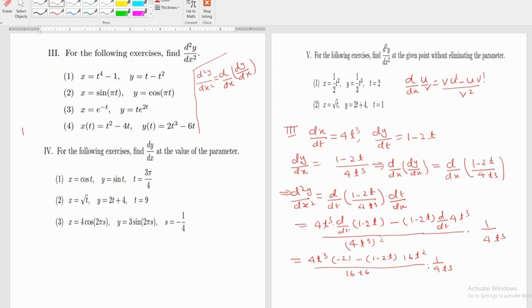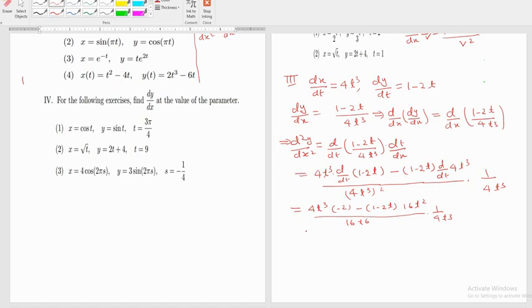Just simplify. That is your answer in terms of second derivative. Minus 8t power 3, minus multiplied by plus is minus 16t square, and minus multiplied by minus is plus. 16 multiplied by 2 is 32t power 3, divided by 16t power 6 and 1 divided by 4t cube.